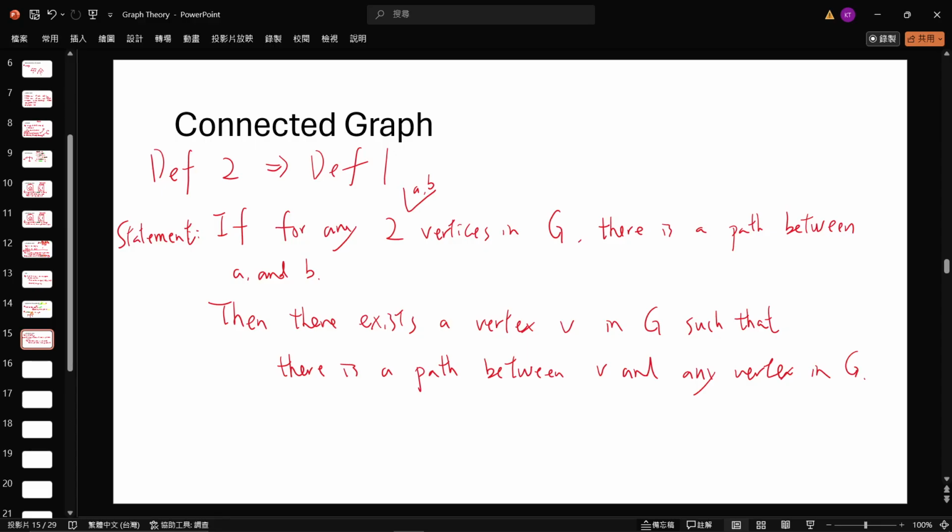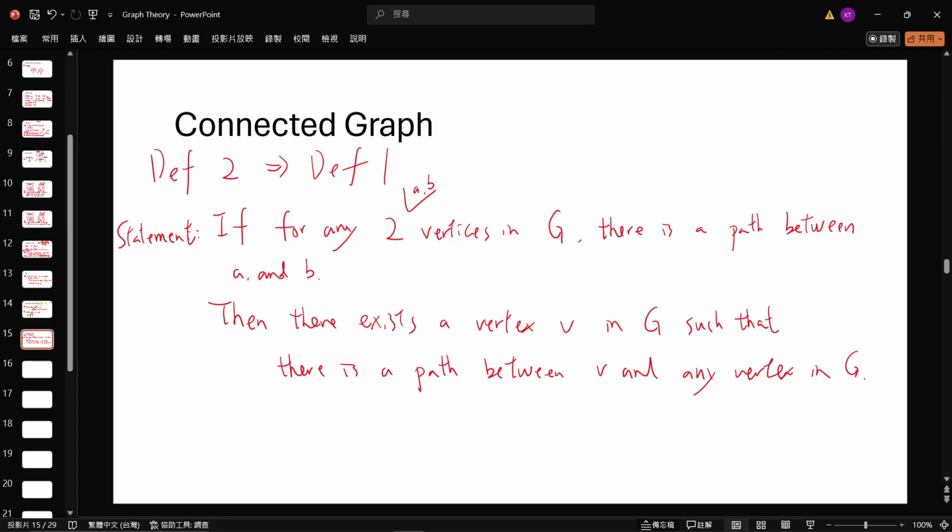所以我可以用中文再讲一次，就是你手上有一个 graph，你已经知道任两点都会有一个 path。那我们现在要证明的是，在这样的一个 graph 里面，你一定可以找到一个特别的 vertex v，它有 path 连到这个 graph 的所有其他点。所以怎样的 vertex 满足这个 v 的条件？Every vertex.